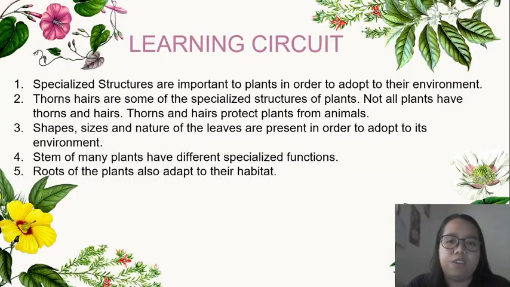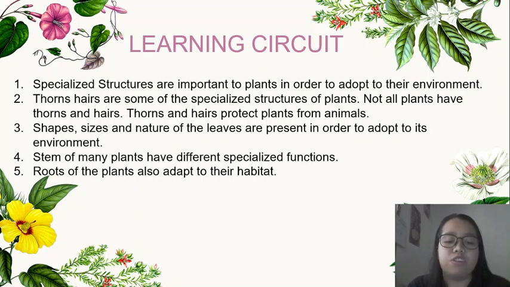Okay, so we are now in our learning circuit. Number one, specialized structures are important to plants in order to adapt to their environment. Plants growing in different places are exposed to varied conditions.